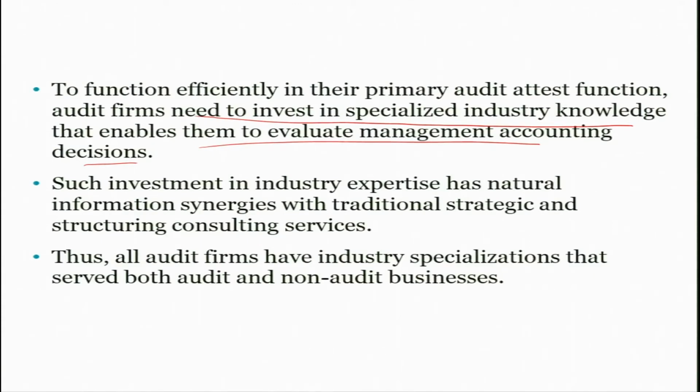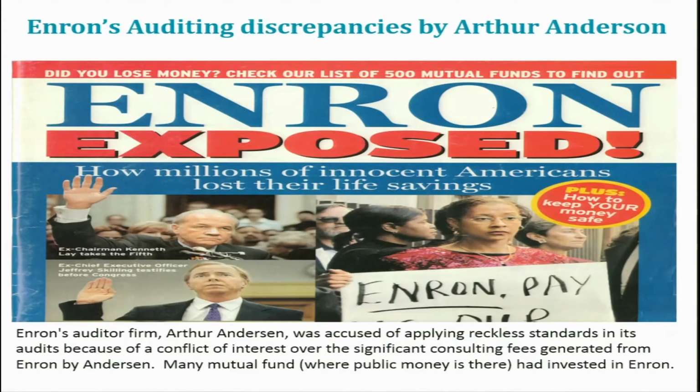However, there are several examples that show that this conflict of interest is prevalent in the audit and consulting industry. One of the classic examples is the Enron auditing discrepancy by Arthur Andersen.